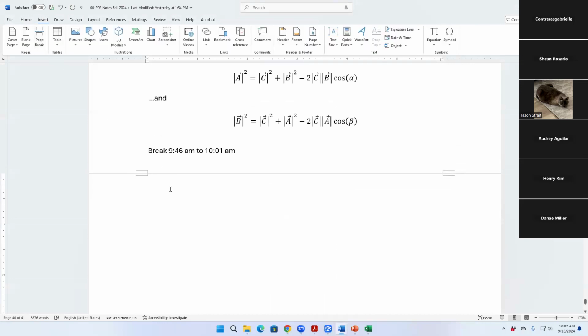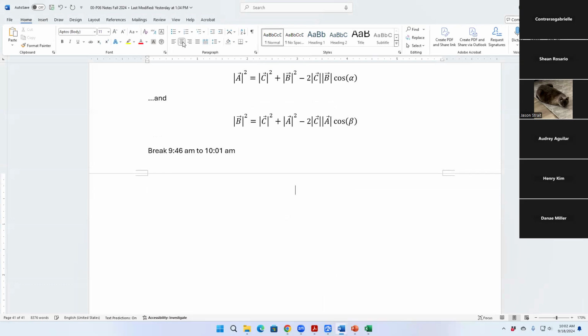Insert, page break, back to lab 1. Rules for significant figures. We have to worry about two different types of rules for significant figures: rules for measurements, and then we also have rules for results.